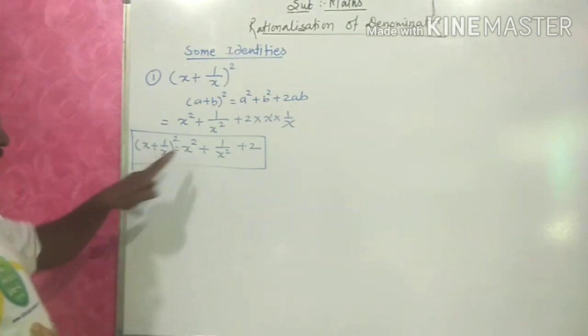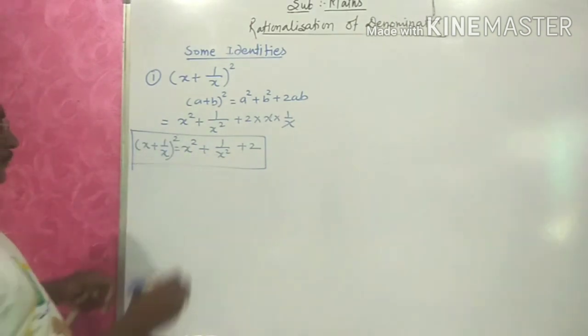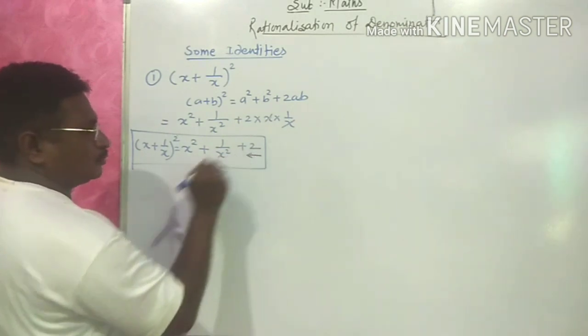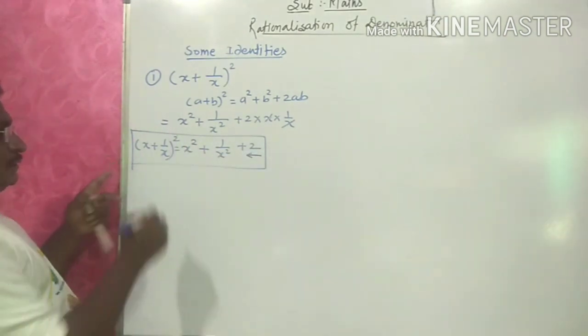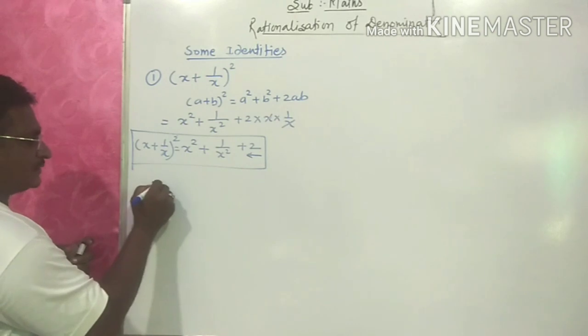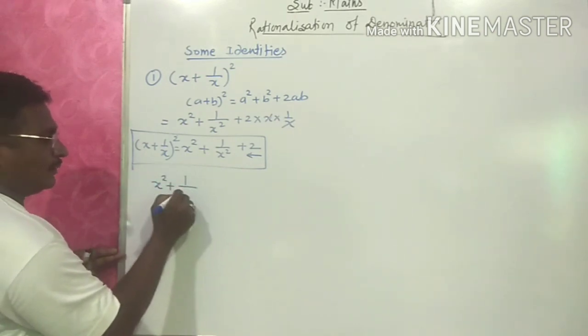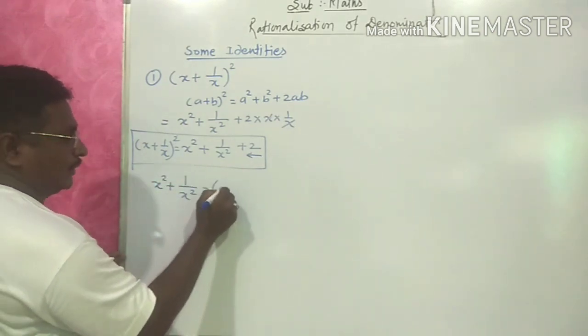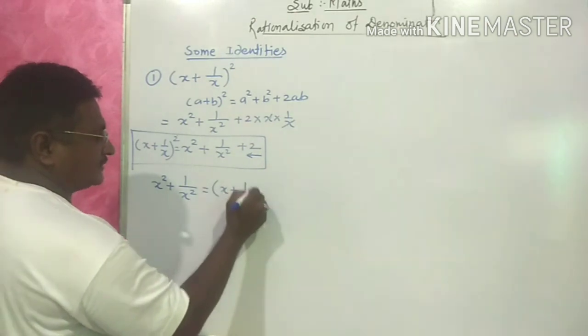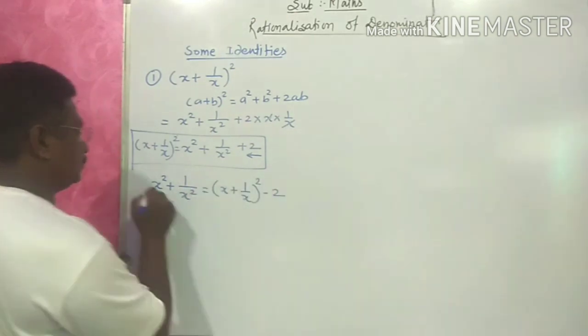Now the same identity, how to transform? See, this 2, transfer to this side. So what will we get? x square plus 1 by x square equals x plus 1 by x whole square minus 2.